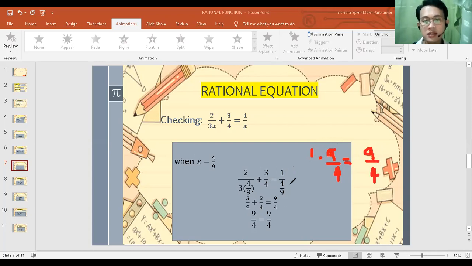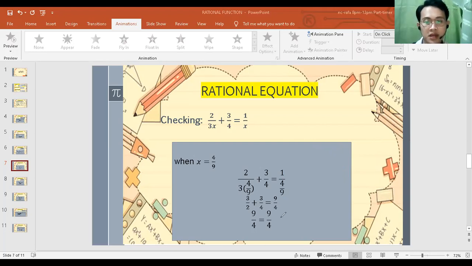I only follow the rule in dividing fractions. Please try to review dividing fractions because it's very applicable here. So as you can see, that's the reason why we have 9 over 4 there. And then after that, we simplify.